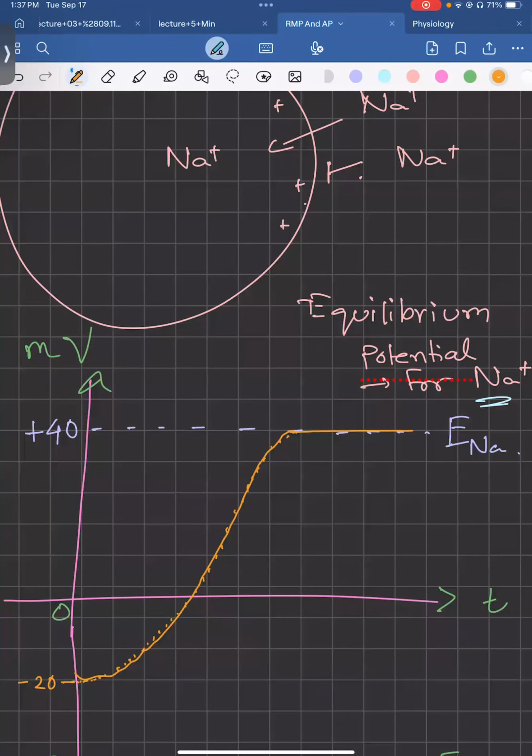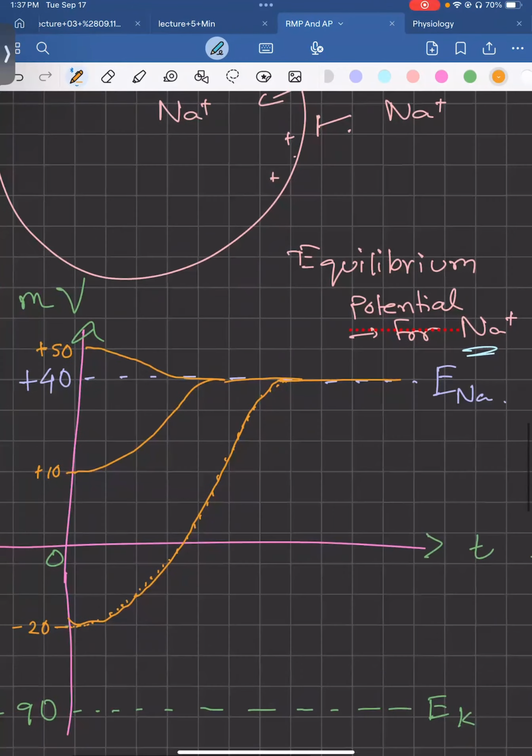Makes sense, right? Same thing, let's say I'm holding the membrane at, I don't know, plus 10. Again, sodium's going to go in, hit plus 40 and stop. Let's say I'm holding the membrane at plus 50. Sodium would leave, hit plus 40 and stop.